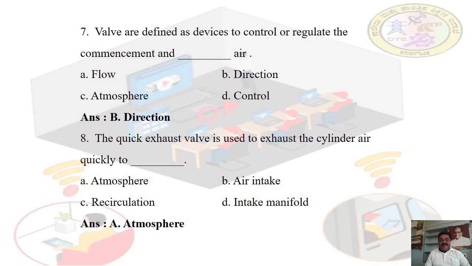Direction of air. Next question. The quick exhaust valve is used to exhaust the cylinder air quickly to dash. Option A, atmosphere. Option B, air intake. Option C, recirculation. Option D, intake manifold. The answer is option A, atmosphere.